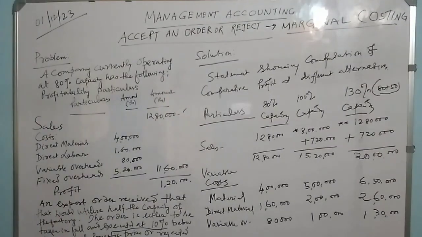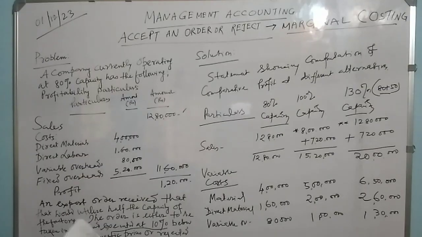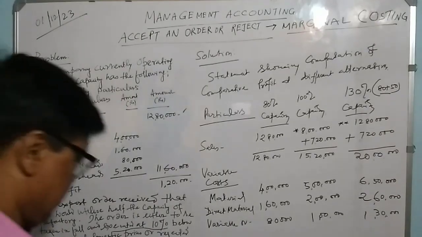Now here one thing they have given: to execute this, they will have to work overtime at 1.5 times the normal rate to meet the balance required capacity.